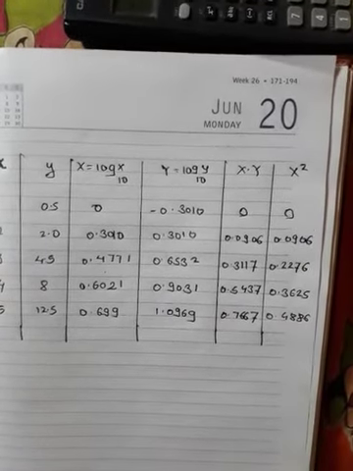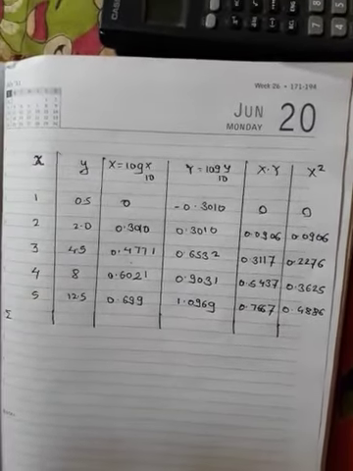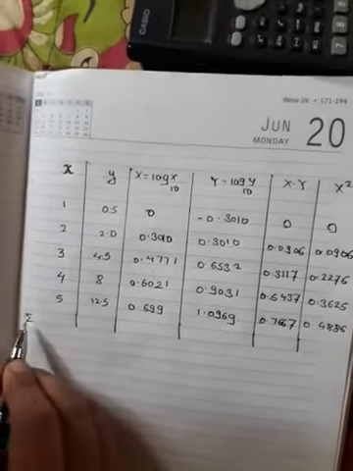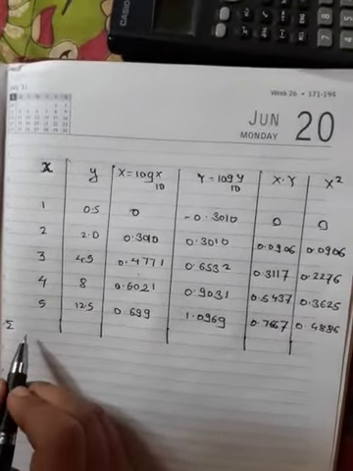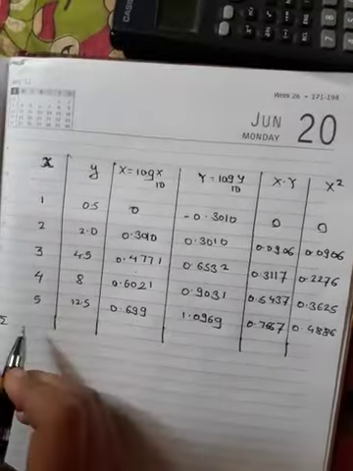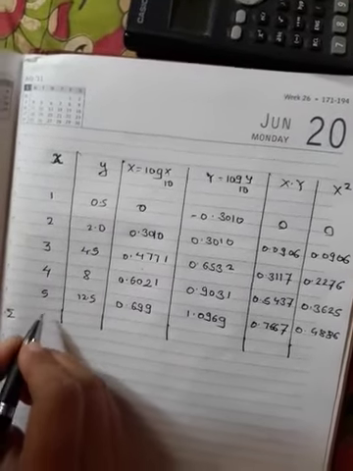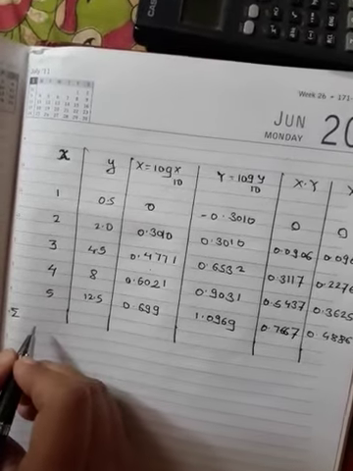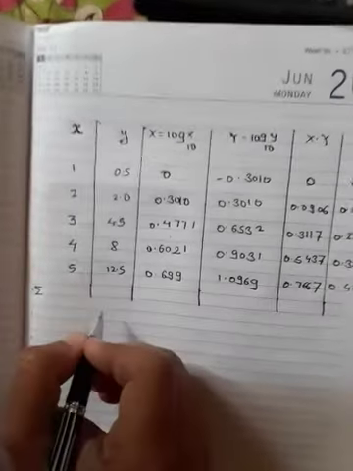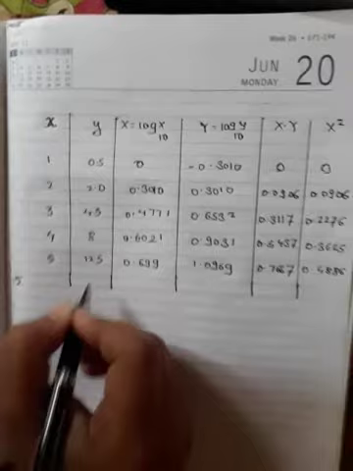In this way we are going to prepare the table, and at the end, the last row, you have to make the summation of all the columns. You have to add all the terms of X. So the summation of X will be here. Similarly, the summation for Y.